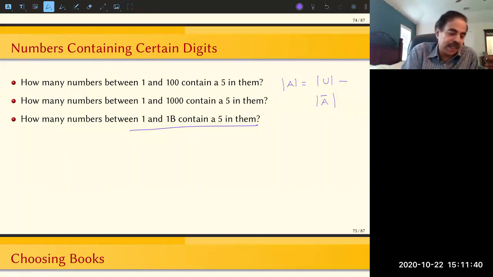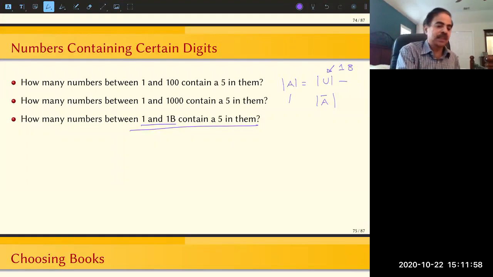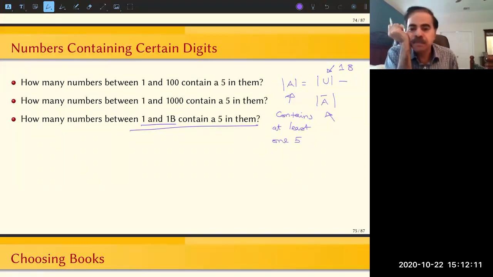Here, the universal set is every number between 1 and 1 billion. From the definition of the problem, the set of all numbers that we are considering is 1 billion, right? So this is the set that contains at least 1 5, right? So what would be the complement set?